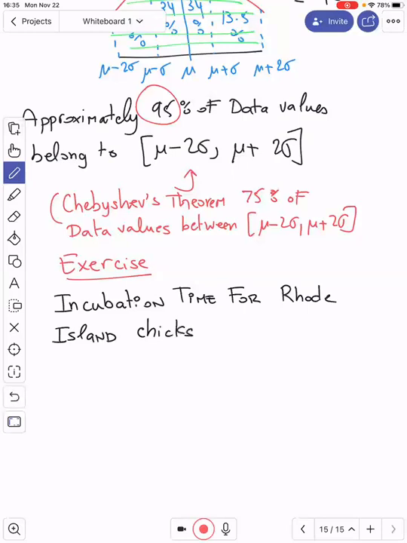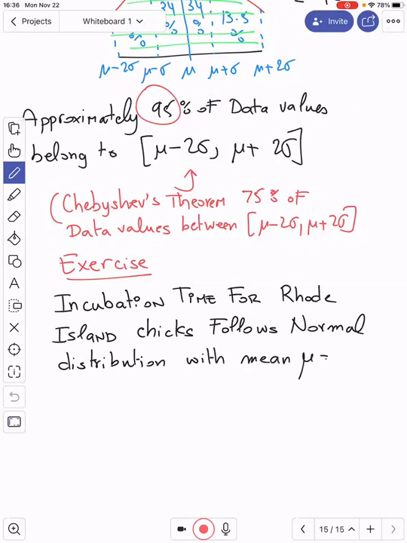The incubation time follows a normal distribution with mean mu equal to 21 days, and standard deviation sigma equal to, let's say, 1 day.